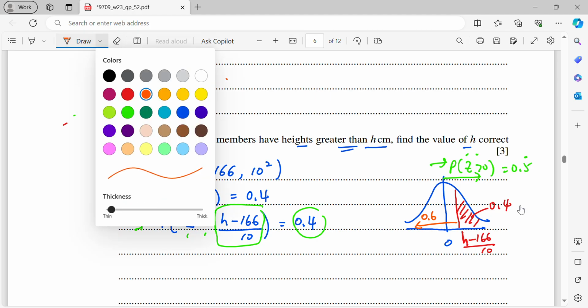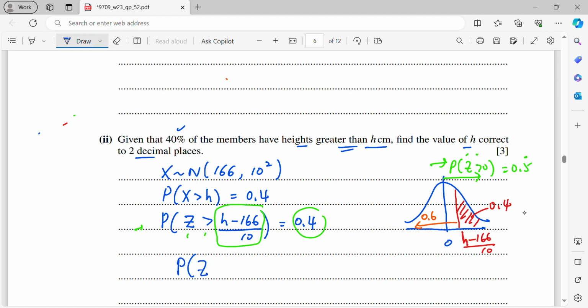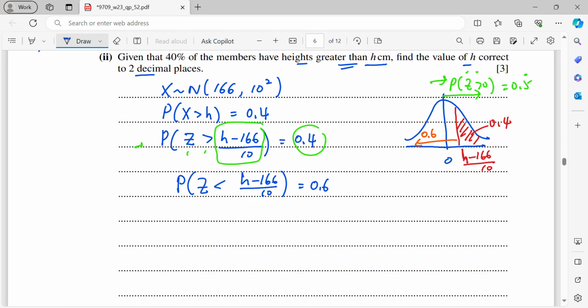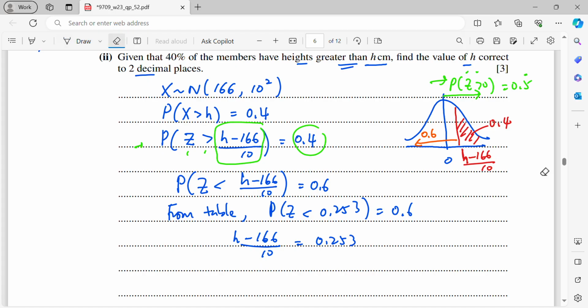So now I will write this down first. P(Z less than (h minus 166) over 10) equals 0.6. Since you have found the region towards left side, we can just get it from table. So from table, P(Z less than 0.253) will be 0.6. Then I will just compare: (h minus 166) over 10 equals 0.253.